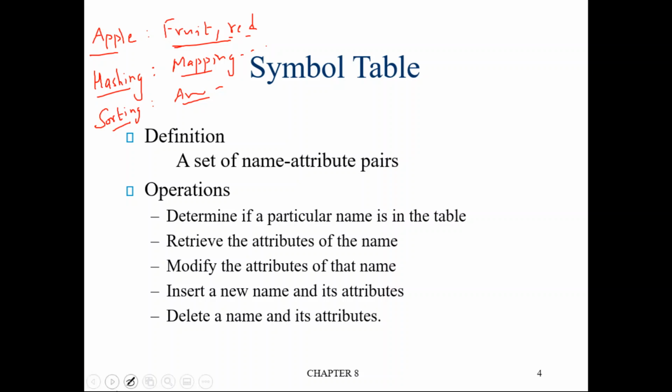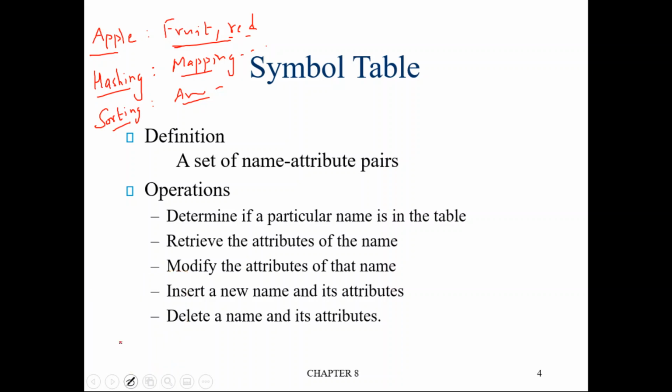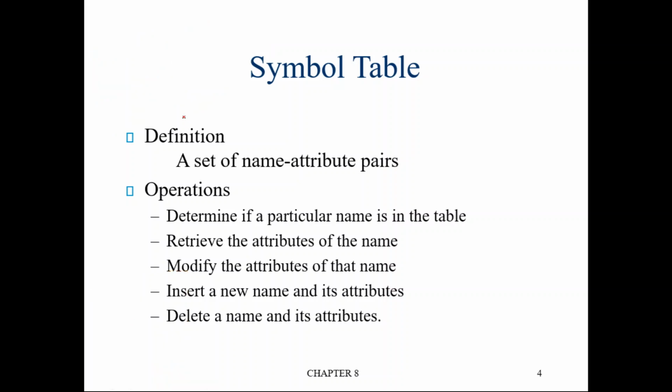So there are several places in real life and also in computers where we need items to be stored in the form of a key and value pair. For example, take a symbol table in the context of a compiler.